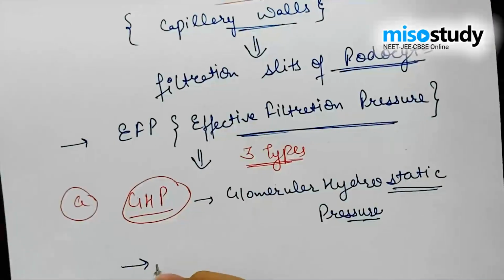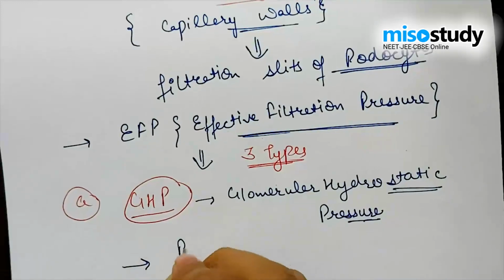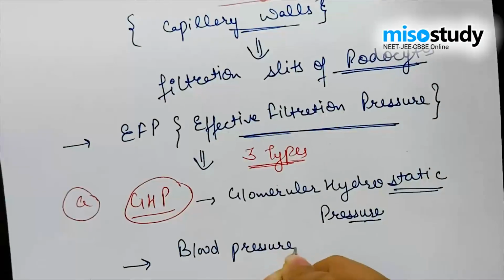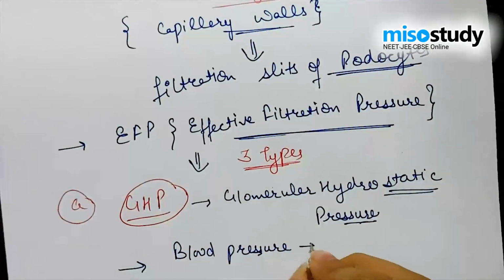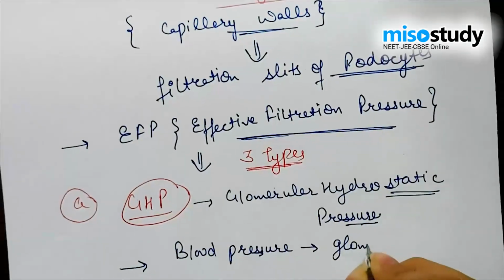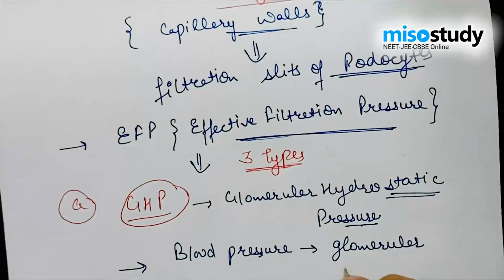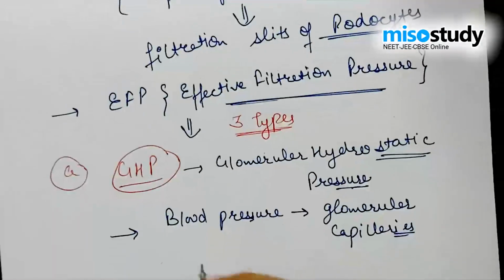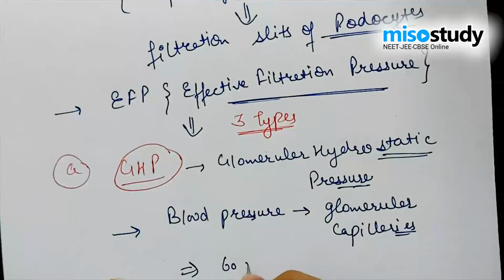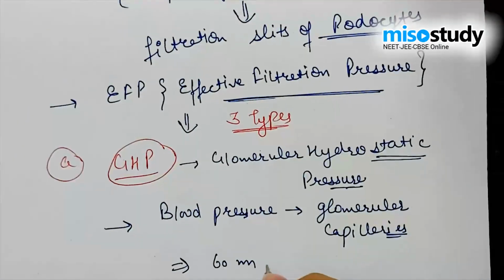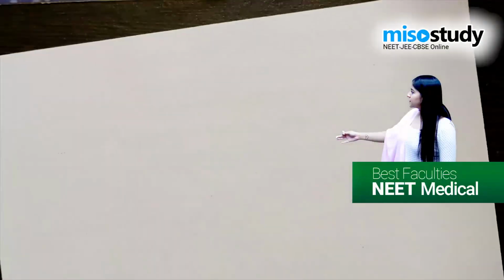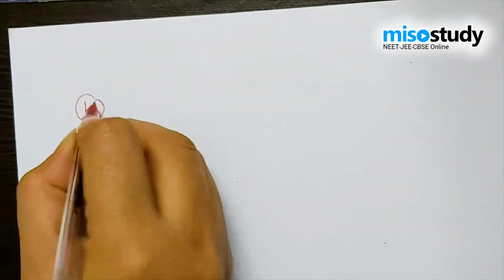This pressure is the blood pressure in the glomerular capillaries, and its value is 60 mmHg.